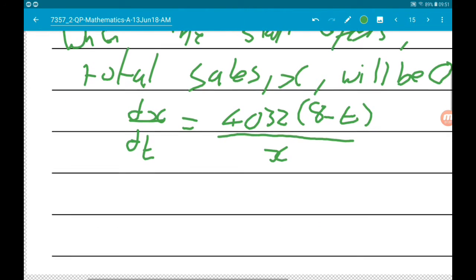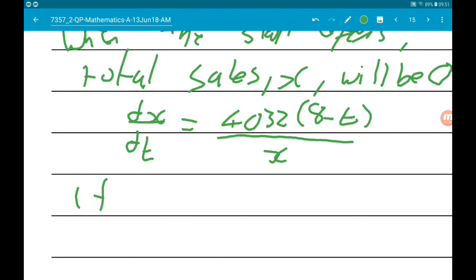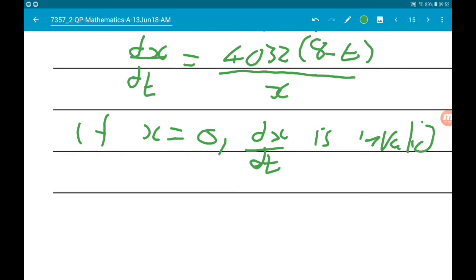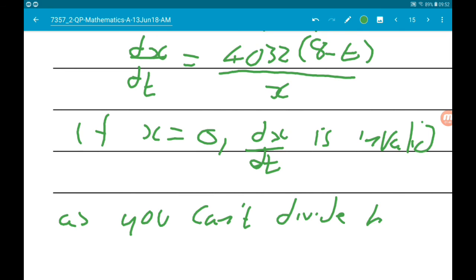If x is 0, dx by dt is invalid, as you can't divide by 0. Cool, question done. On to the mechanics.